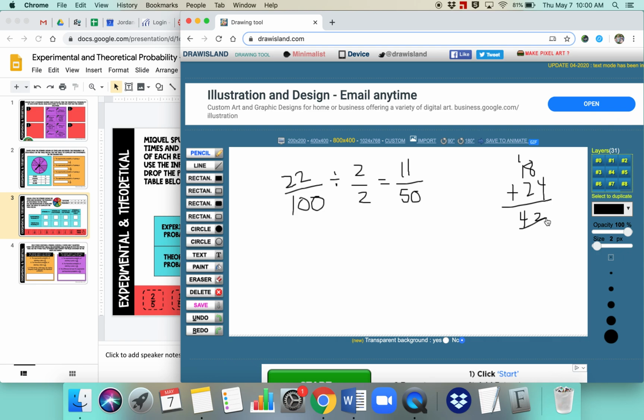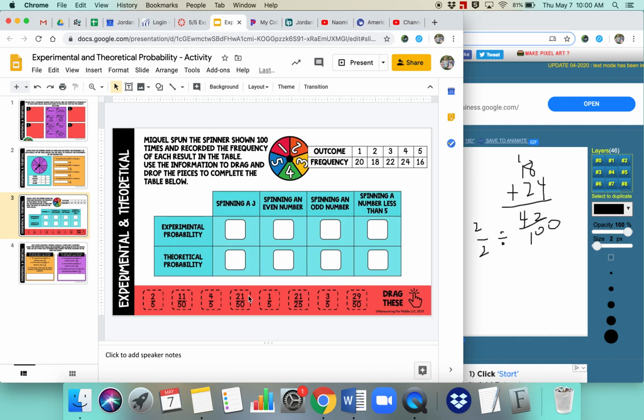And again, these are both even, so we can divide by 2. So if I divide by 2 over 2, 42 divided by 2 is 21. And 100 divided by 2 is 50. So it'd be 21 over 50. So this guy right here, click and drag.